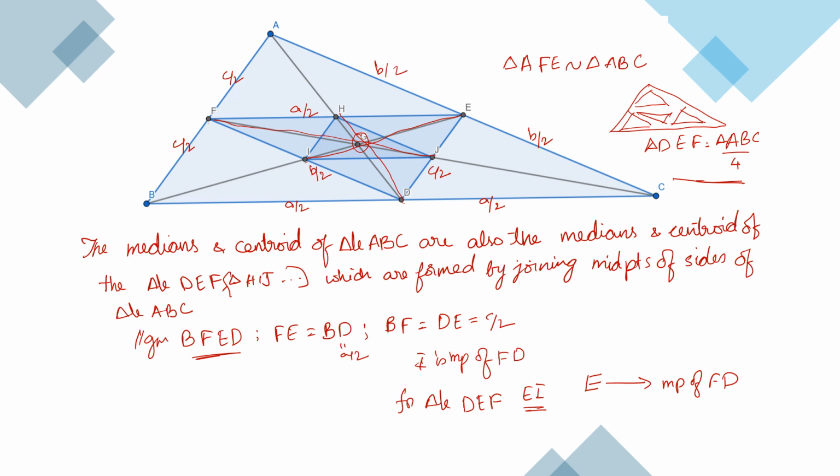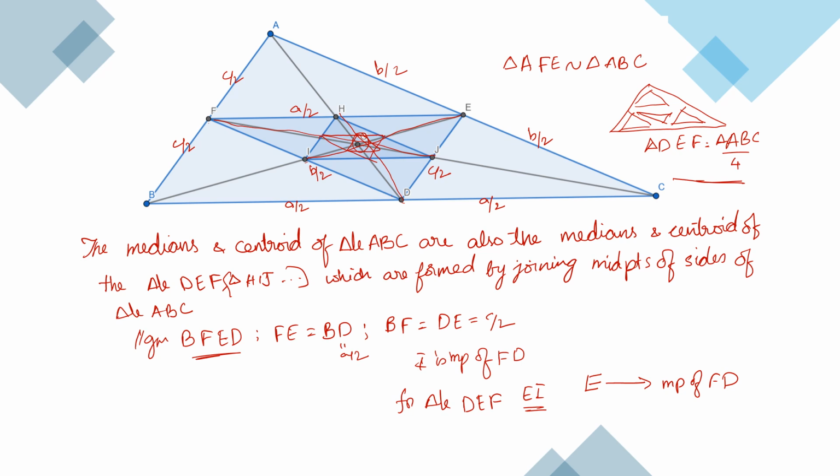And not only this, even if we draw how many layers above it, the midpoints of this triangle, or at any level we go, all these central triangles have got the same median and the same centroid. Wonderful, right?